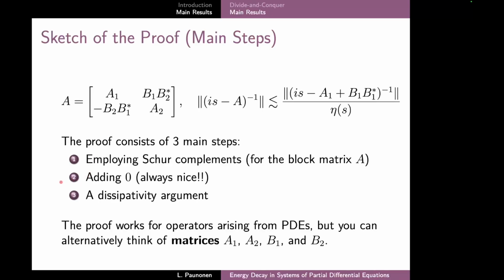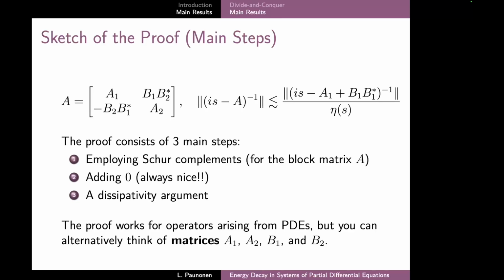And then in the second part, in analyzing the Schur complement, we do a nice addition and subtraction of a term that helps us a lot in the analysis. And finally, we will employ a dissipativity argument in the estimation of the Schur complement.